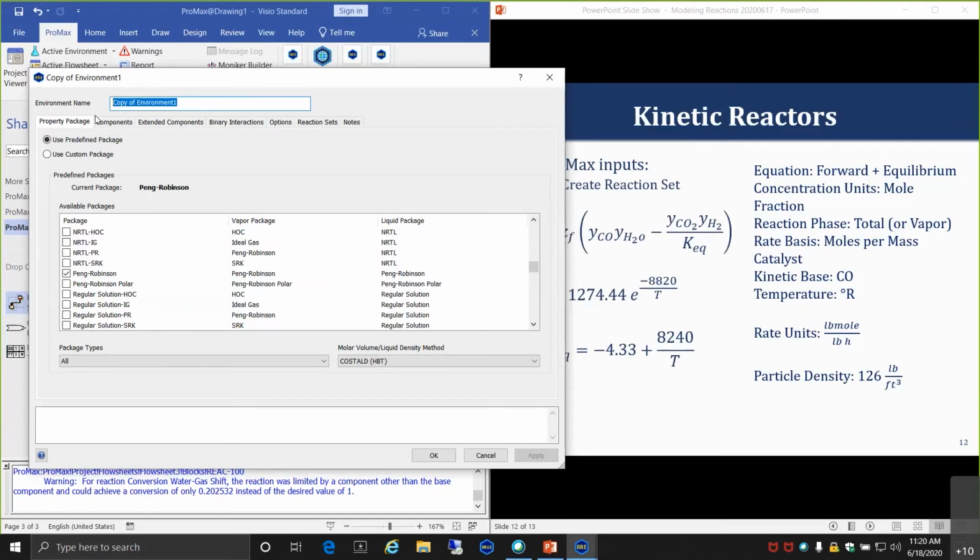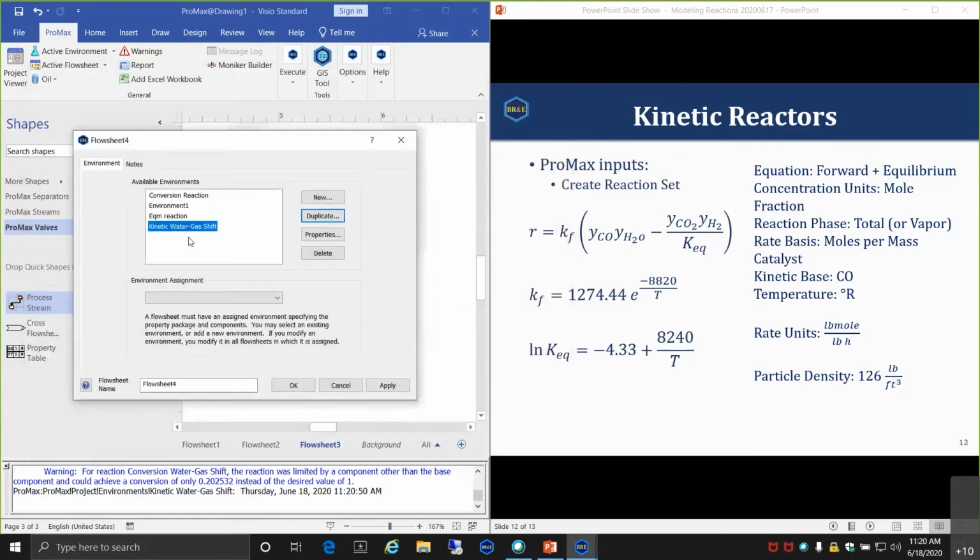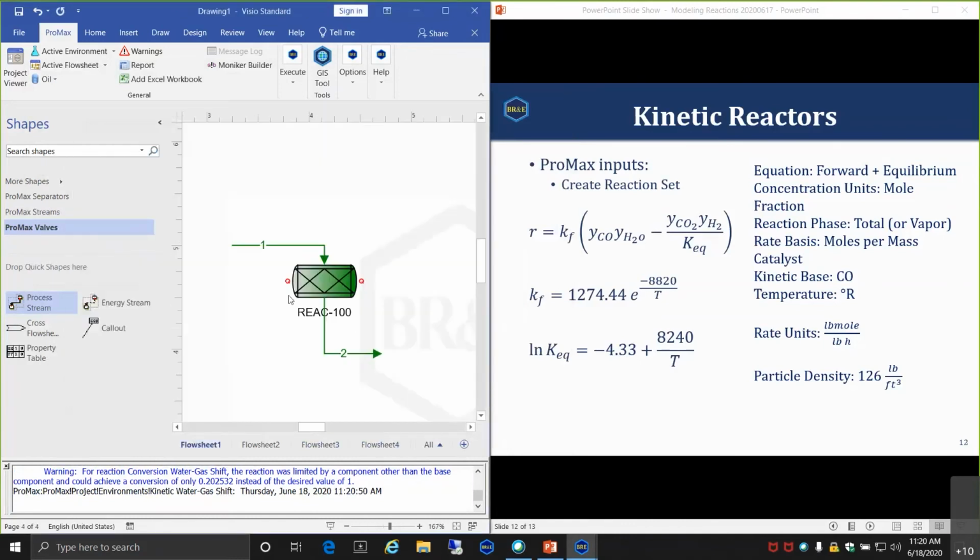So this is going to be kinetic water. We will copy our inlet stream again.